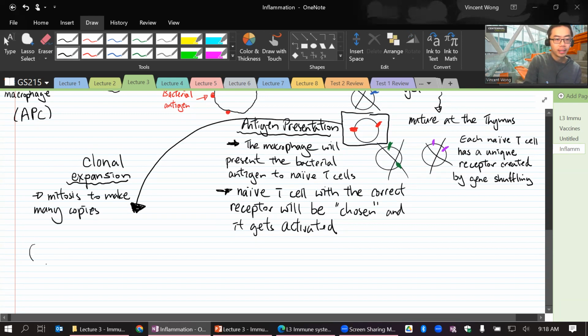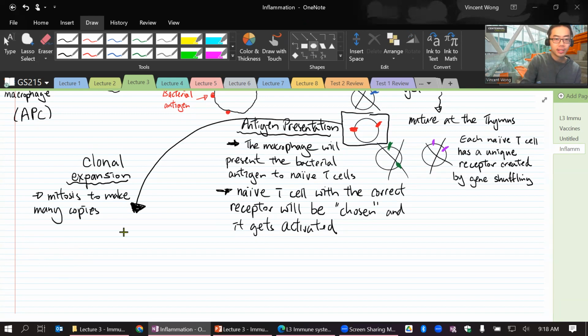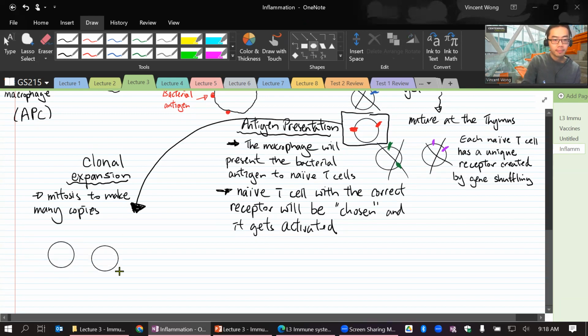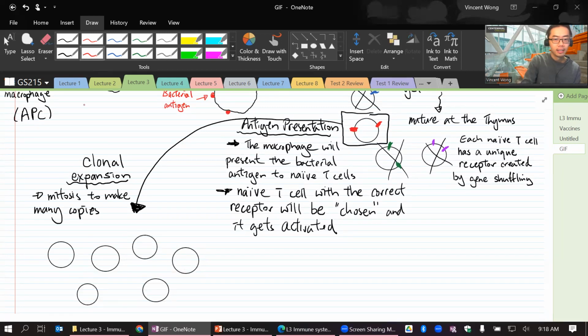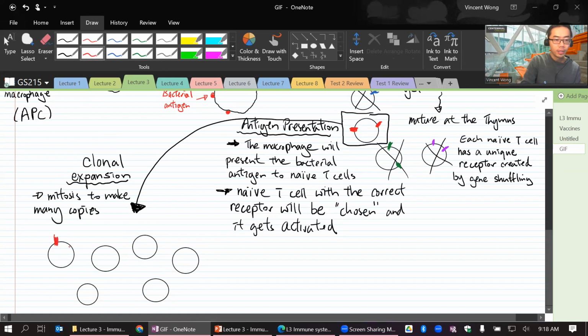We're going to mass produce these things. Yeah, I think that's enough. And each of them would have the red receptor now.